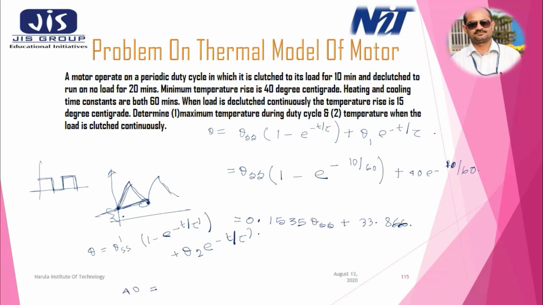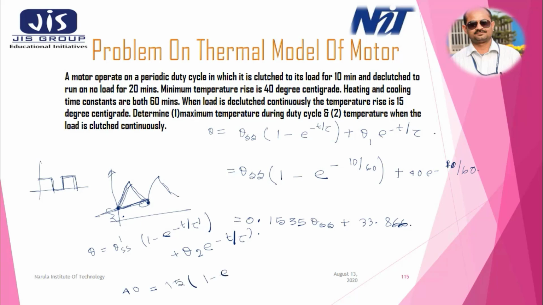What is theta ss dash? Is there anything given? Yes, when the load is declassed continuously, the temperature rise is 15. So this is my steady state temperature, so I will put 15 here.